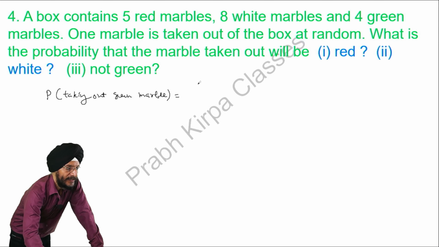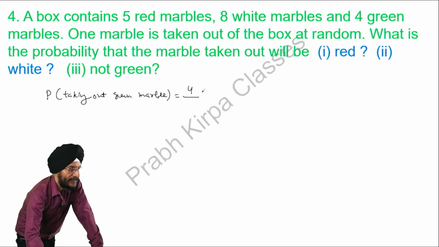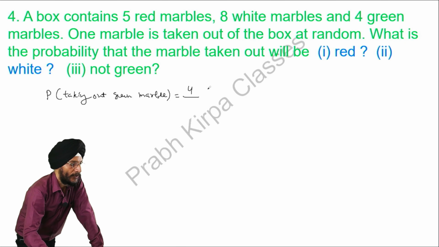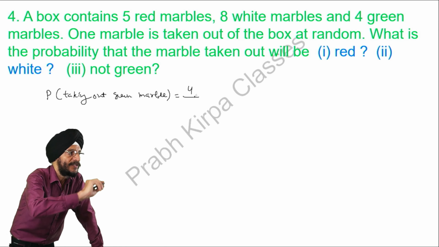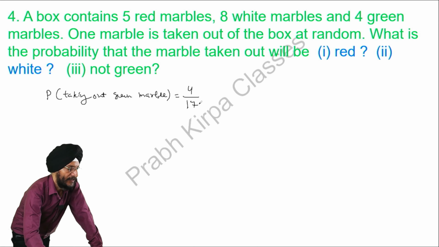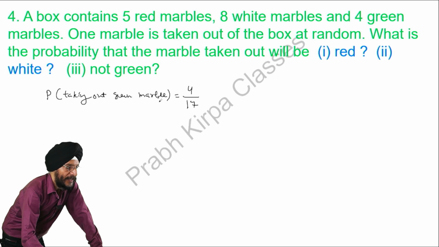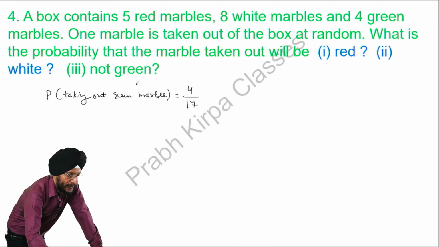Here we will place on the upper side the number of green marbles, that is the number of favorable outcomes. It will be divided by the total number of outcomes. Total number of outcomes means the total number of marbles. This is 17. So we have calculated the probability of taking out green marble, but we have to calculate the probability of taking out marble will not be green.